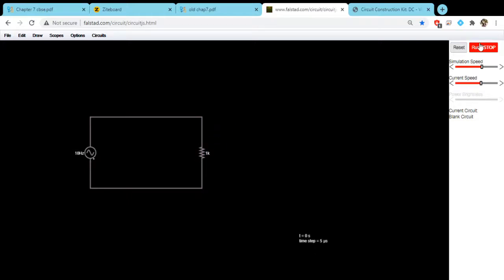So you can see now the current is flowing in the circuit, but you will realize that current will change its direction. Now the current is changing direction. Then it changes to its maximum value, then returns to its minimum value, then again changes its value. So this is called AC voltage source.